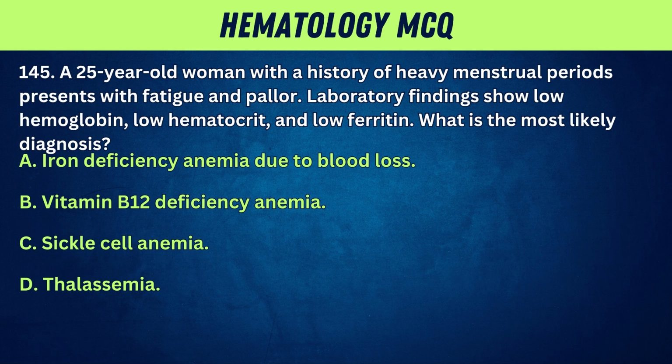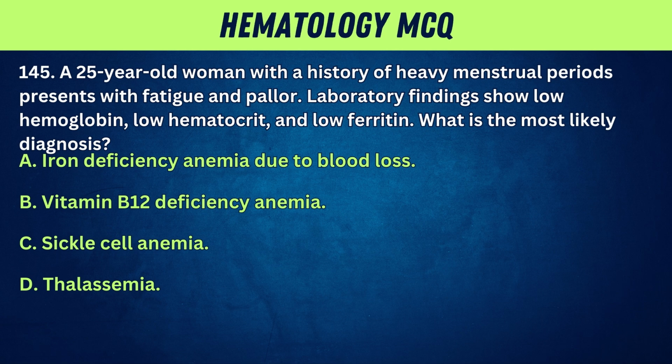145. A 25-year-old woman with a history of heavy menstrual periods presents with fatigue and pallor. Laboratory findings show low hemoglobin, low hematocrit, and low ferritin. What is the most likely diagnosis? A. Iron deficiency anemia due to blood loss. B. Vitamin B12 deficiency anemia. C. Sickle cell anemia.